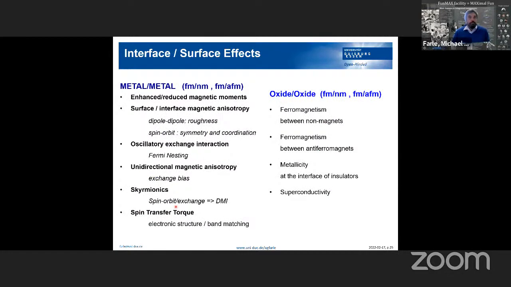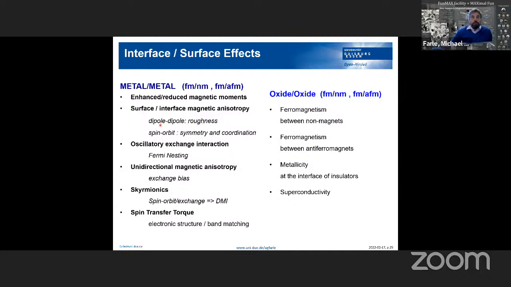Now, when we have interfaces, surface effects, like metal-metal or oxide-metal, oxide-oxide, we have additional degrees of freedom to tune magnetism. So we have enhanced or reduced magnetic moments depending on the electronic structure of the interface or the surface.